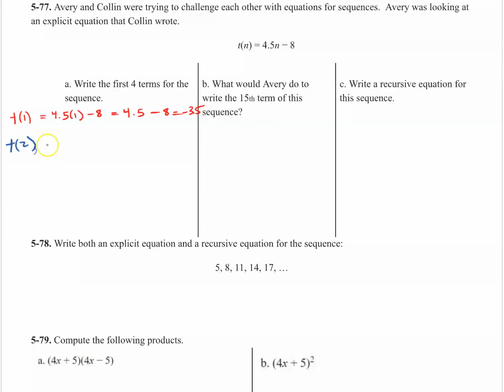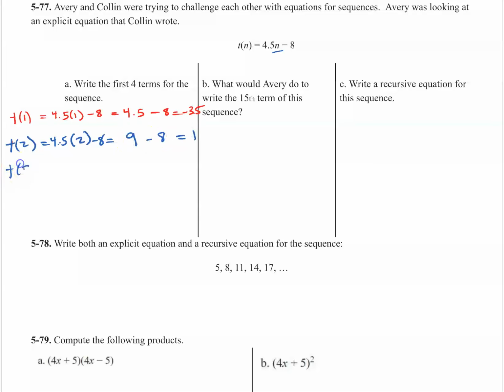T of 2 equals 4.5 times 2 minus 8. So you just plug in 2 for n. 4.5 times 2, again, use a calculator. That's going to be 9. Subtract 8, so that's 1.